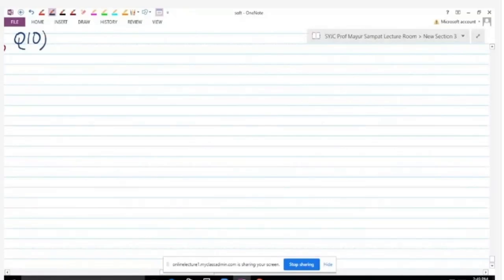Question number 10. If the demand function is D is equal to 50 minus 3P minus P square, find the elasticity of demand at number 1, P is equal to 5, number 2, P is equal to 2. Comment on the results.